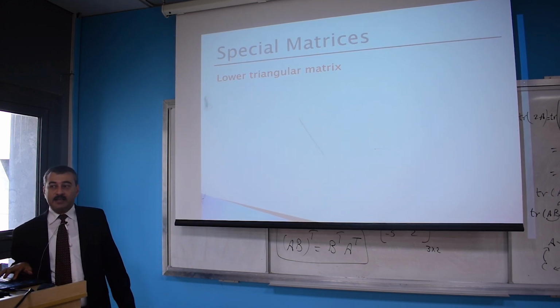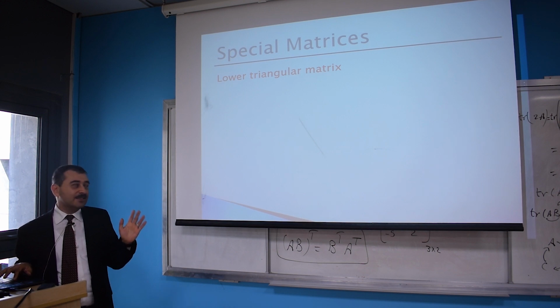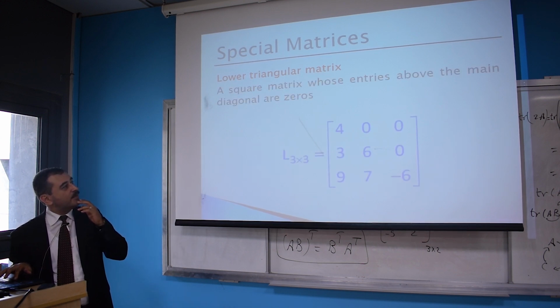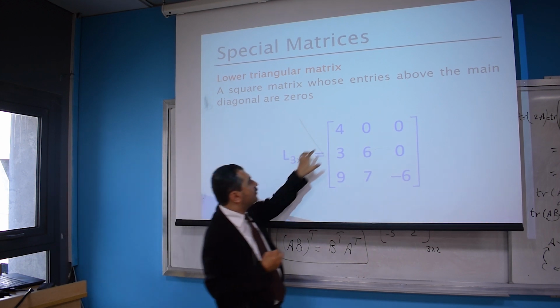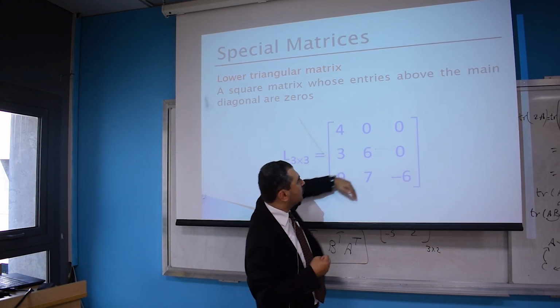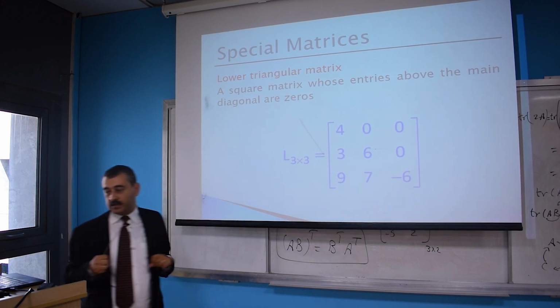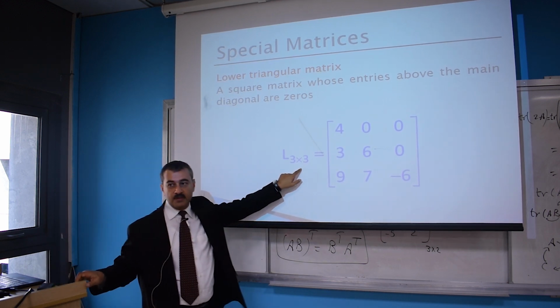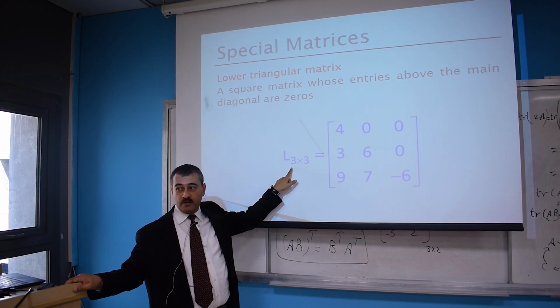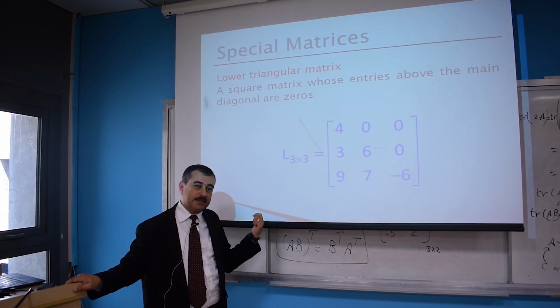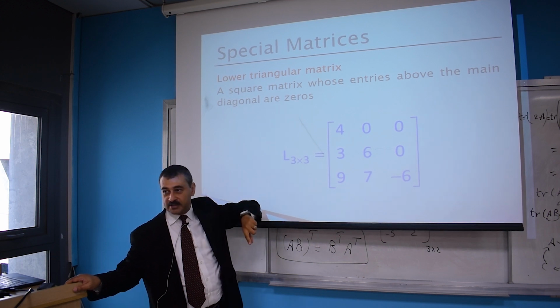What about lower triangular? The opposite. You will get zeros above the main diagonal, or the non-zero entries are on the diagonal and below. So we'll call it a lower triangular matrix, and it is, of course, a square matrix. What about the transpose of a lower triangular matrix? You'll get an upper triangular one.